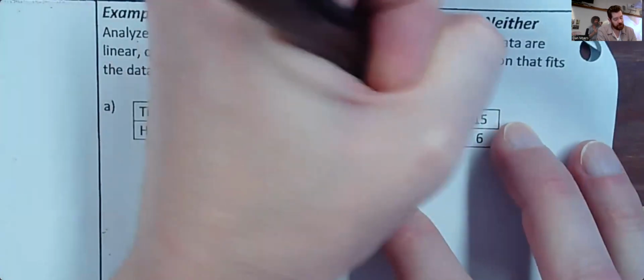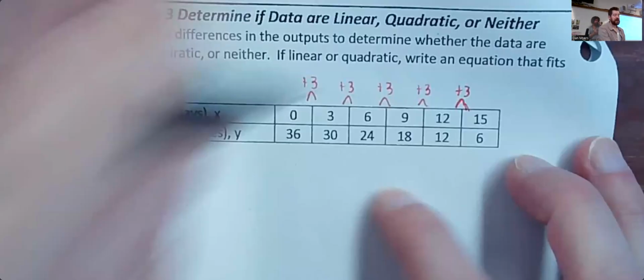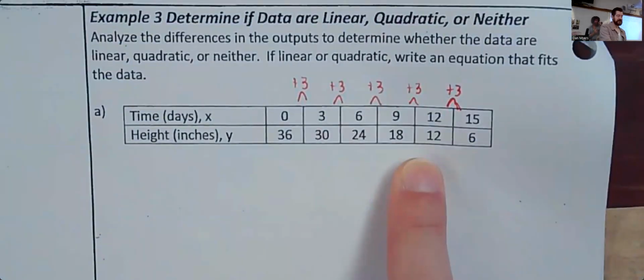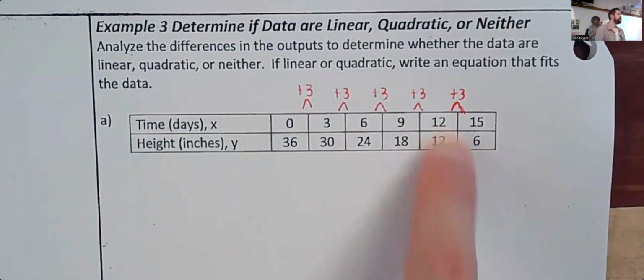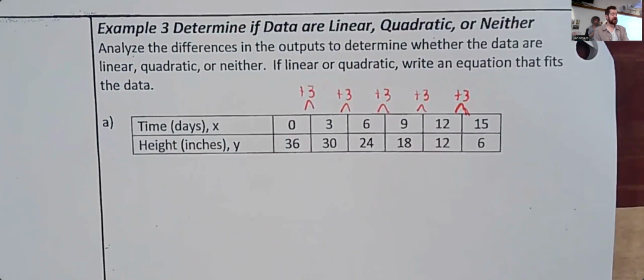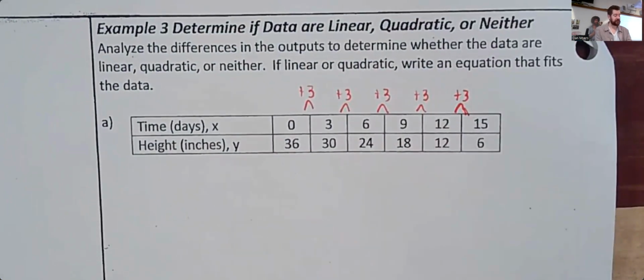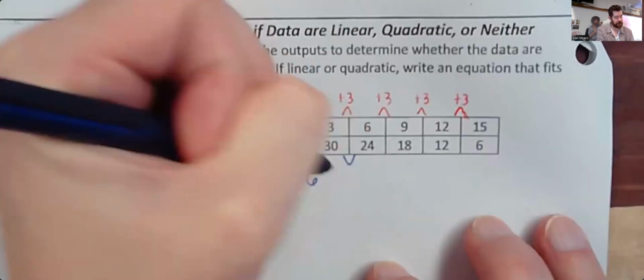It matters that we are increasing consistently along the x-axis because if we're not, then it doesn't really matter if the y's are increasing or decreasing consistently because these ones wouldn't be consistent either. So we have to make sure we're going along set intervals, right? In order to actually get the information that we need. Across the y values though, what's happening from 36 to 30? Decrease of 6, okay. And then 30 to 24?